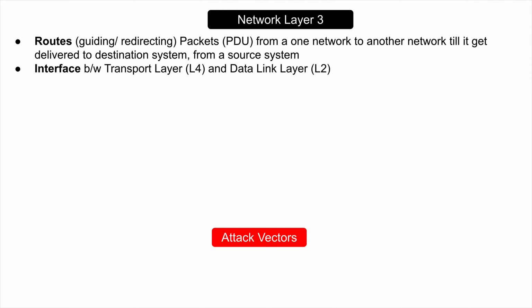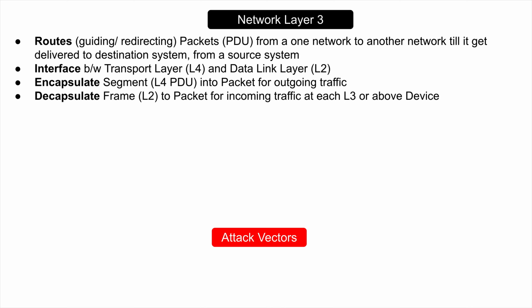The network layer provides the interface between the transport layer, which is layer 4 in the OSI model, and the data link layer, which is layer 2. The network layer encapsulates the layer 4 protocol data unit, called a segment, into IP packets for outgoing traffic, and for incoming traffic it de-encapsulates the layer 2 frames into packets.